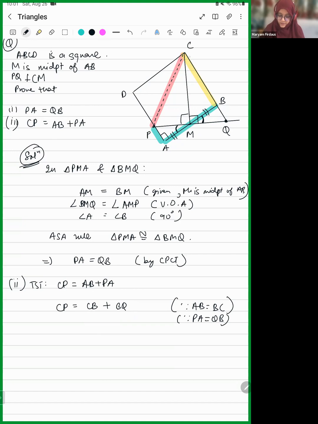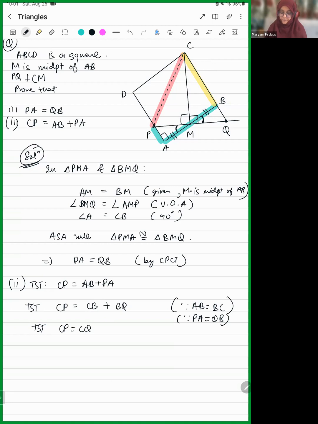It is CQ, right? Yeah, CQ. CB plus BQ is CQ. So basically what you have to show is that CP is equal to CQ.